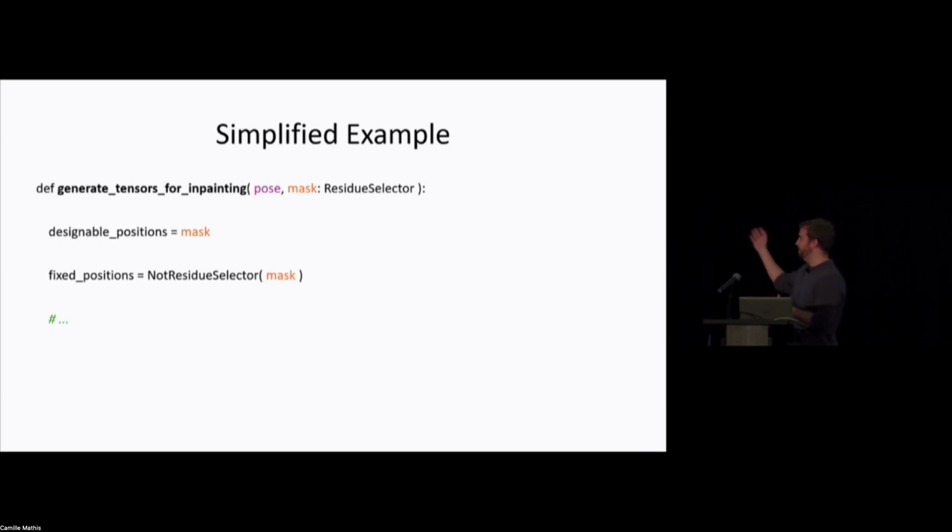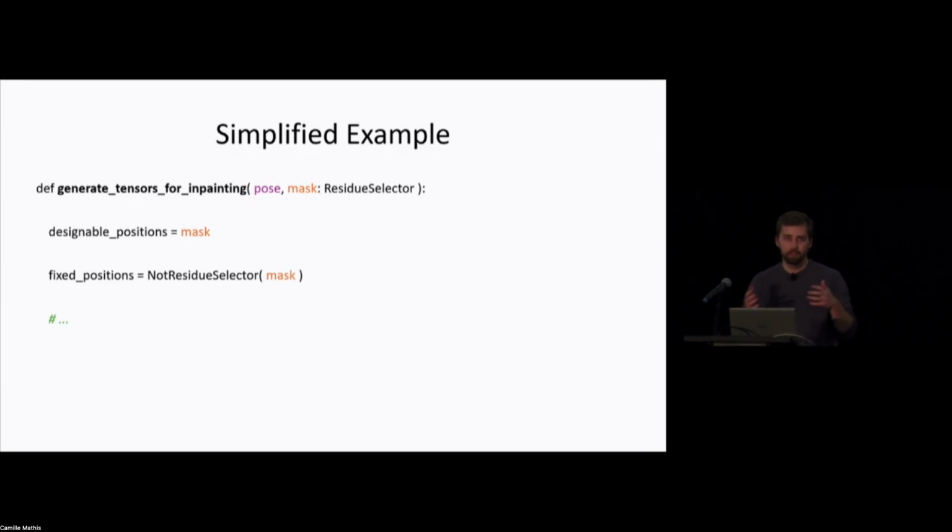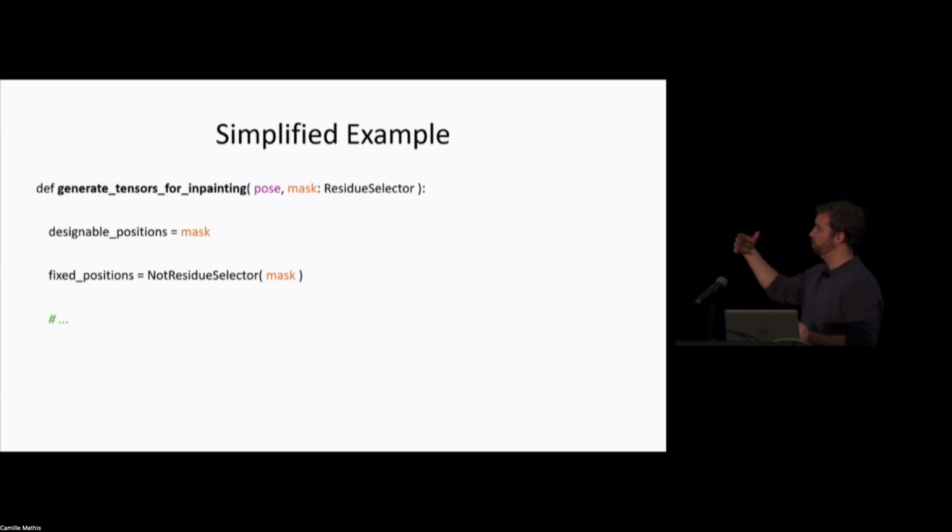But you can imagine, for just the scope of a narrative, a function, generate tensors for inpainting, where you have a pose. And in Rosetta, we have these residue selectors where you could select a subset of a pose that you might, in this case, want to mask out if you're changing only some of your diffusion model. You keep some of the framework, you design the rest. So you can imagine a function that starts like this, where you take a pose and a residue selector.